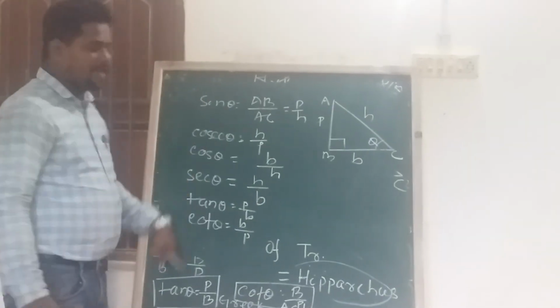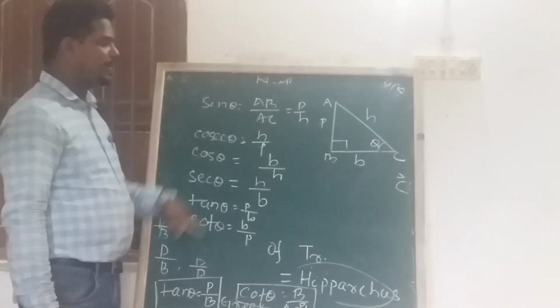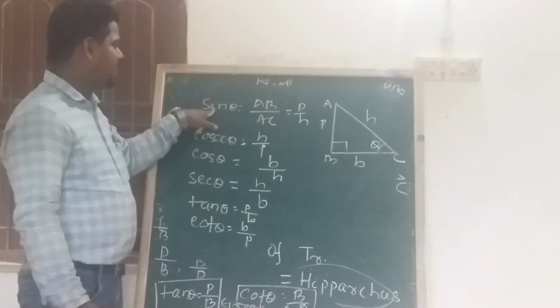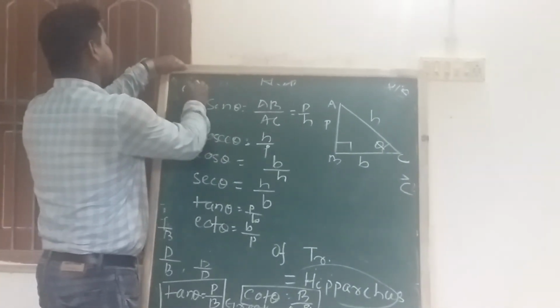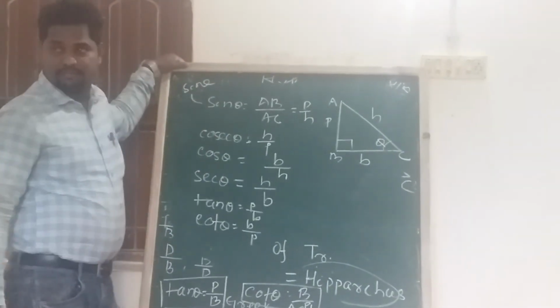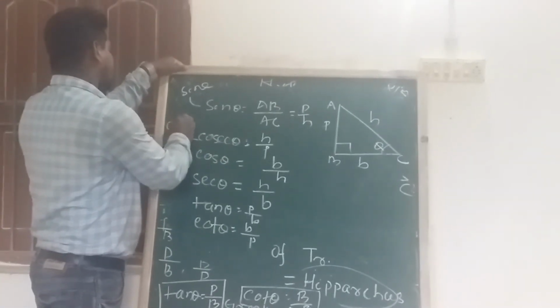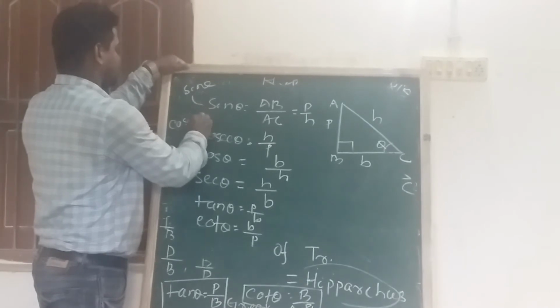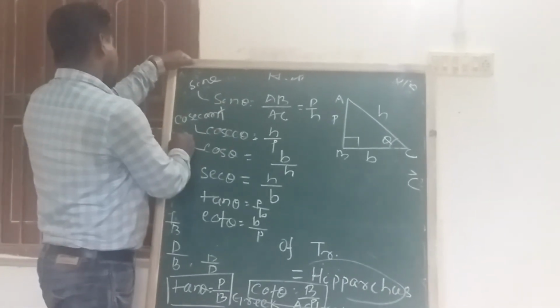These are the short names. Remember, these are the short names of the trigonometric ratios. Sin theta is the short name of sine, S-I-N-E. Cosec means cosecant. Cos means cosine.